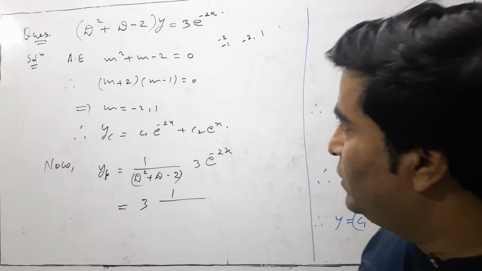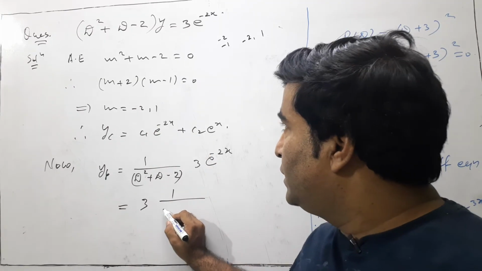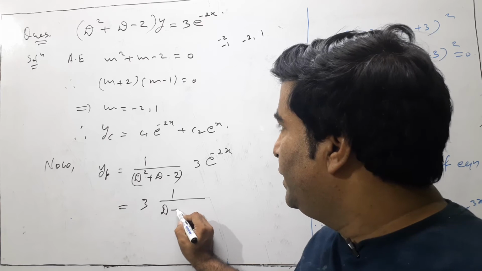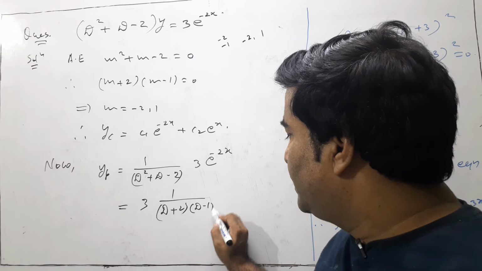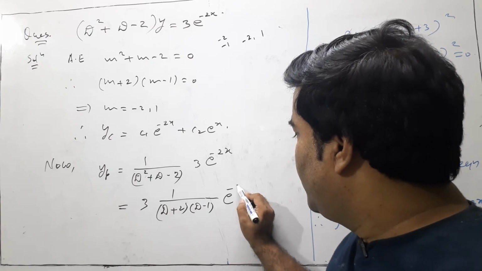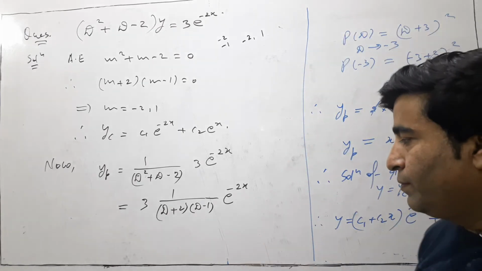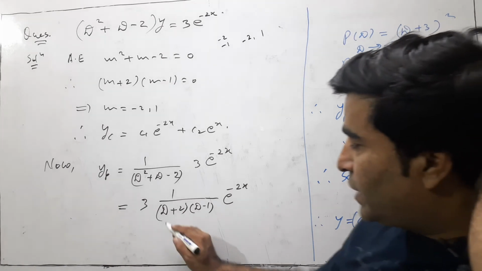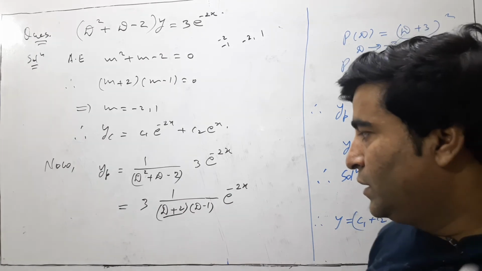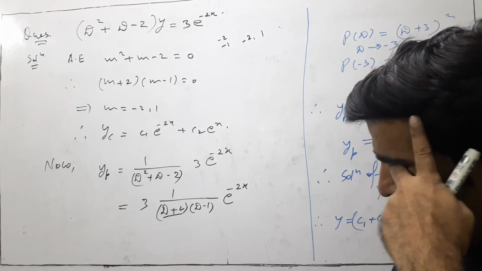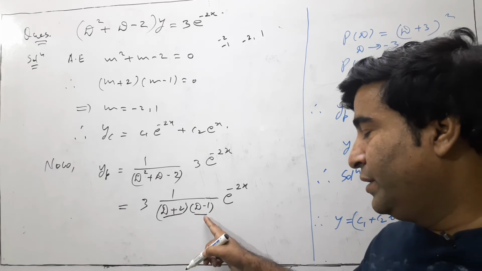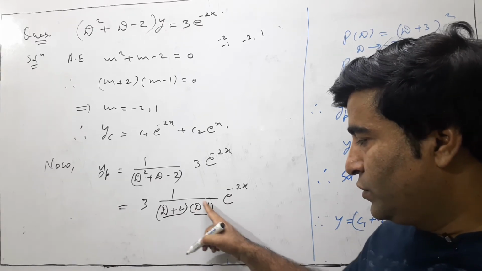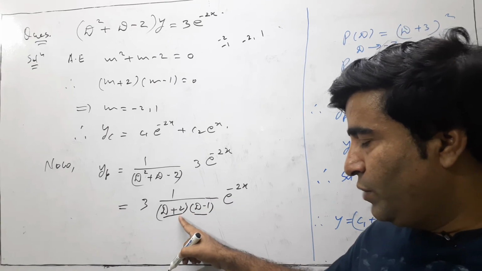Or actually we have the factor of this equation like this, 1/((D + 2)(D - 1)) e^(-2x). Clear? So actually this factor gives us PA is 0 and this is the function f(D). If we put here D is equal to minus 2, this is non-zero actually, but from here we have 0.